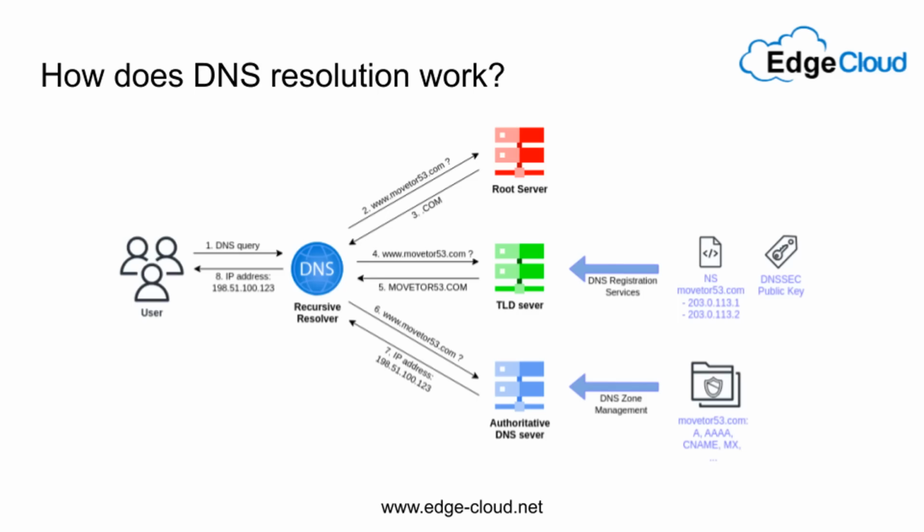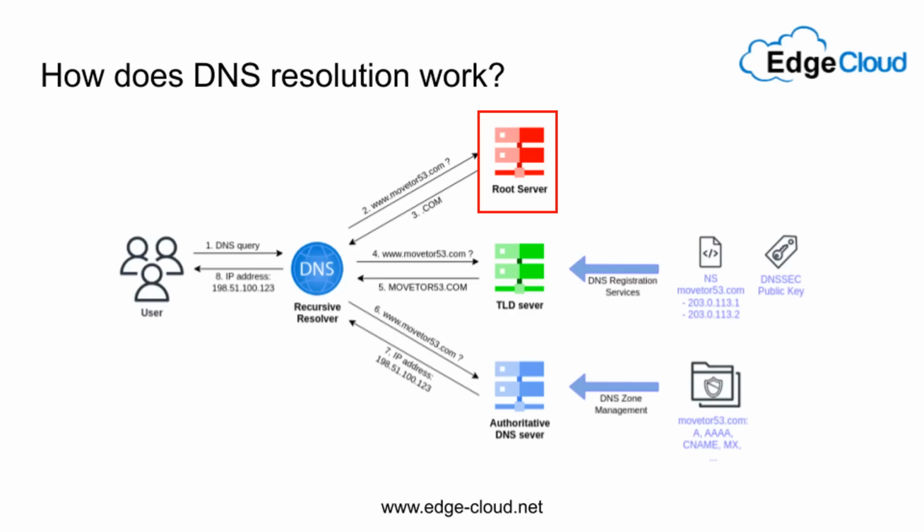At its foundation, DNS allows us to resolve a hostname like www.movetoa53.com into an IP address. This is accomplished by a client, for example a browser, using a recursive resolver. An example for such a recursive resolver is Google Public DNS. Simplified speaking, the resolver will contact one of the root servers to start the recursion.